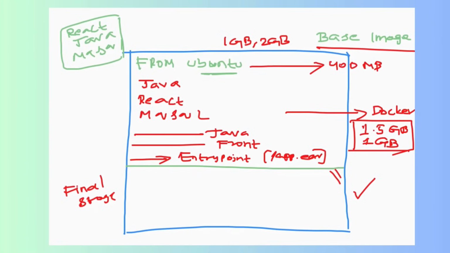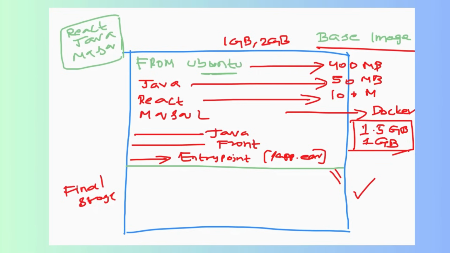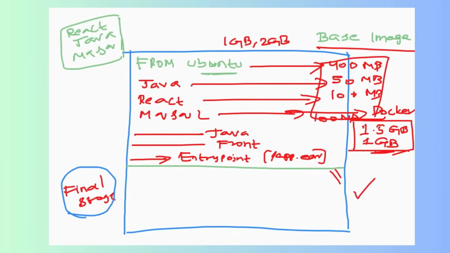On top of that you have installed Java, so it can be some 50 MB. On top of it you have installed the React related things, again it can be some 100 MB. On top of it, you install MySQL, then again it can be 100 MB. So you have piled up all of these things on your base image, because of which it went to 1 GB.